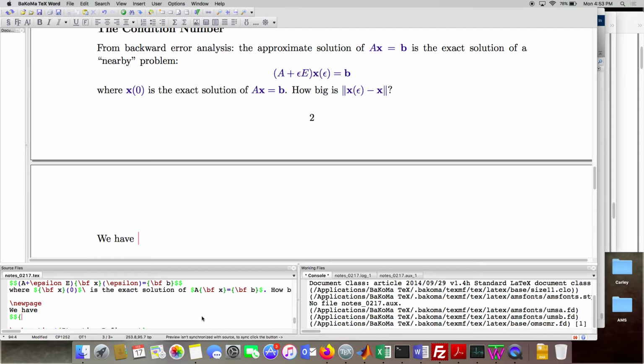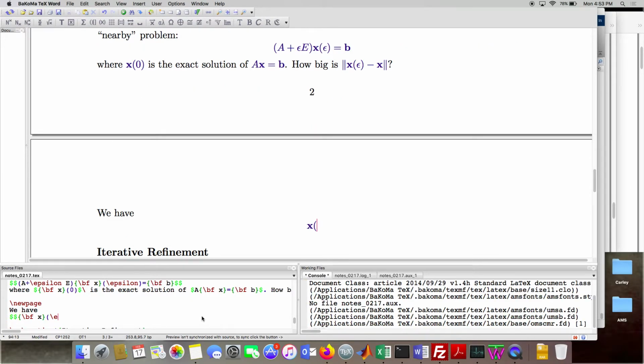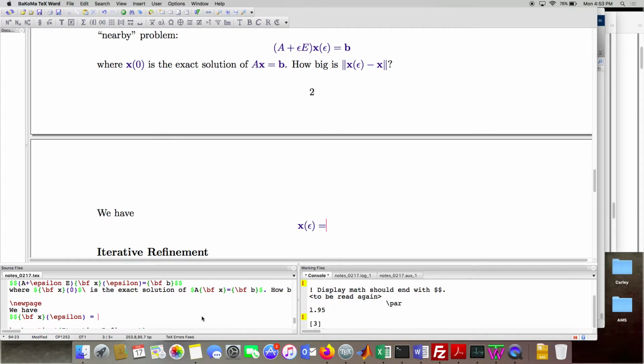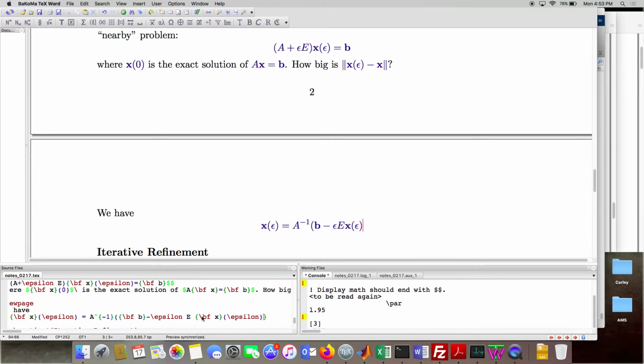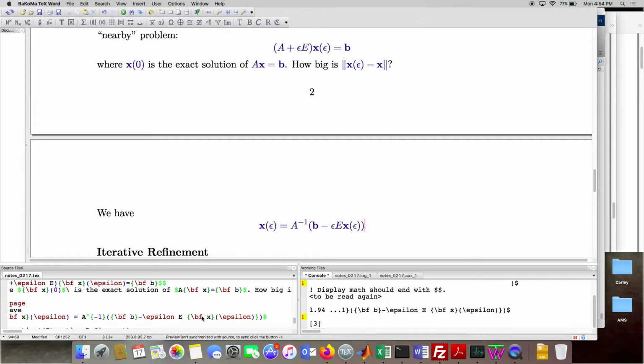What we have here is x of epsilon is equal to A inverse times B minus... This might not quite work the way I wanted it to.